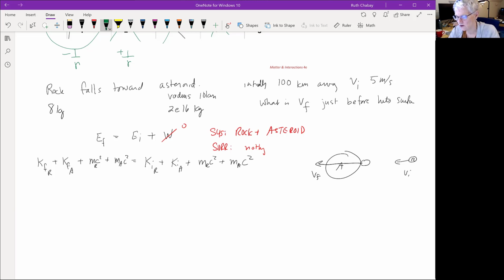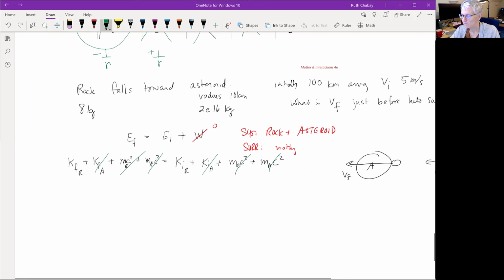Now, some of these things don't change. Nothing's changing identity here, so those go away. We note that the asteroid is much more massive than the rock, so for all intents and purposes, the change in kinetic energy of the asteroid is 0.